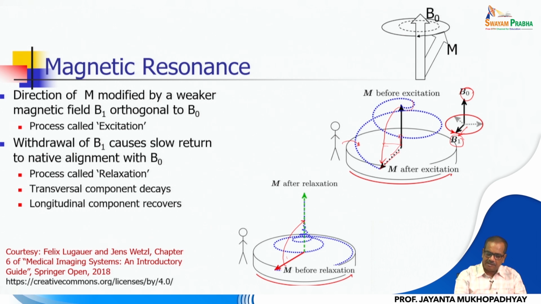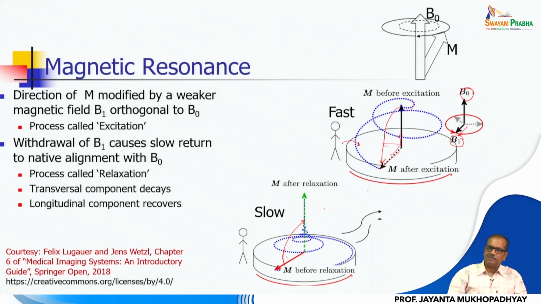In the relaxation process, the transversal component decays, while the longitudinal component recovers. While for excitation, the longitudinal component decays and it gains the transversal component. But excitation is very fast, and relaxation is a slower process.